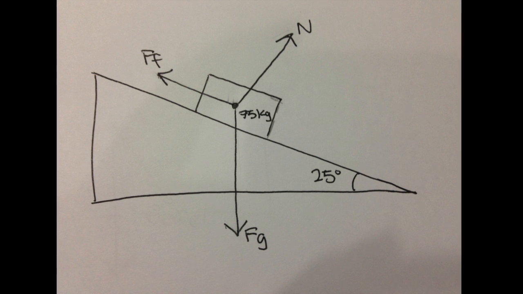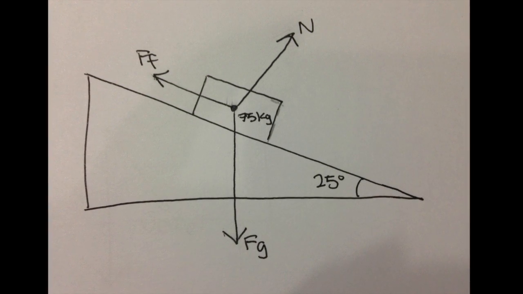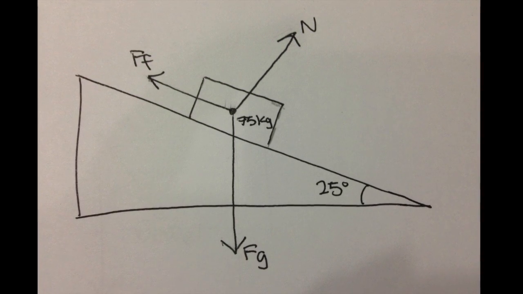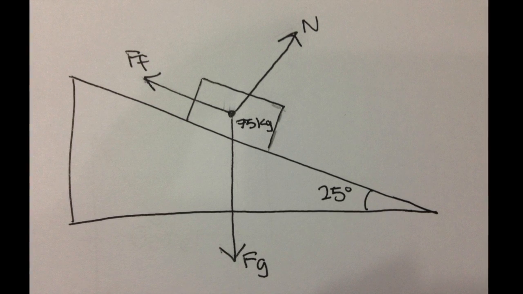First of all, you need to draw a free body diagram of the question. Next, break the Fg into two components, the X component and the Y component.